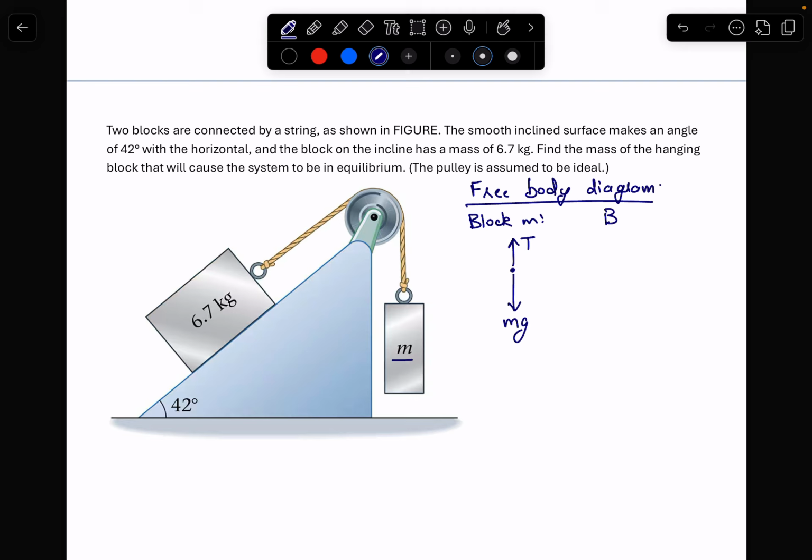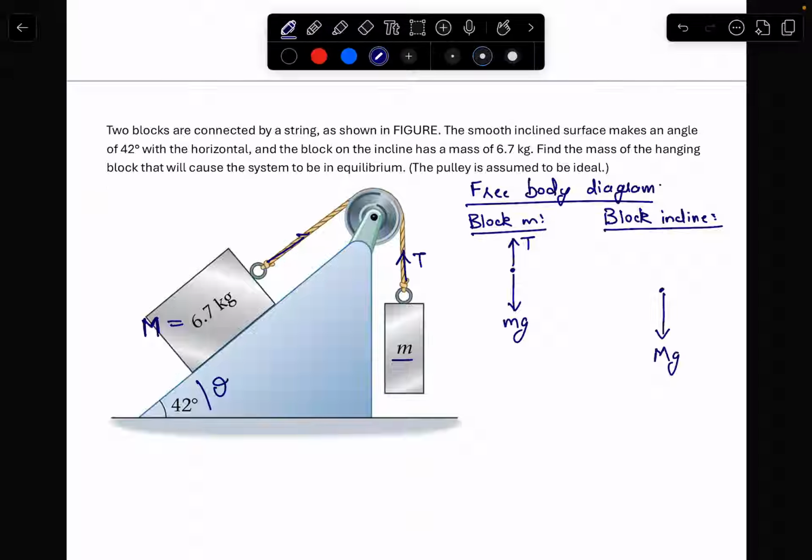For the block on the incline, again you have, I'll call it capital MG. This is capital M. That's theta.